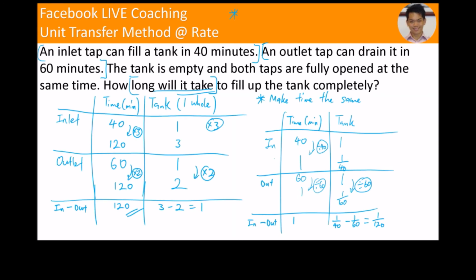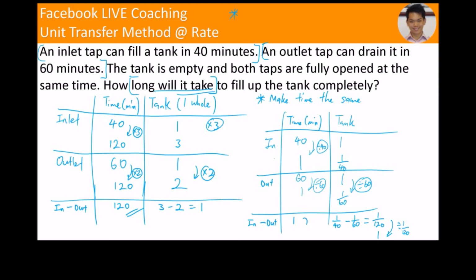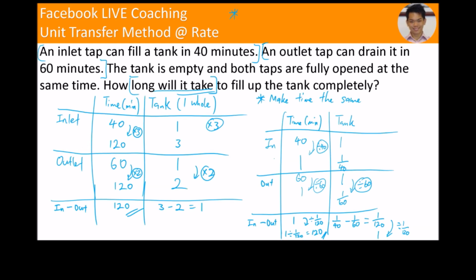Alright, so in order to find one entire tank, you need to divide this by 1 out of 120. And similarly, your time needs to be divided by 1 out of 120. So what happens when you take 1 divided by 1 out of 120? You will get 120 minutes, which is the same as what was shown earlier.